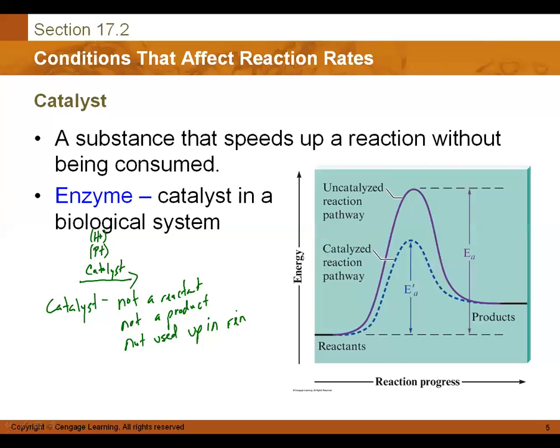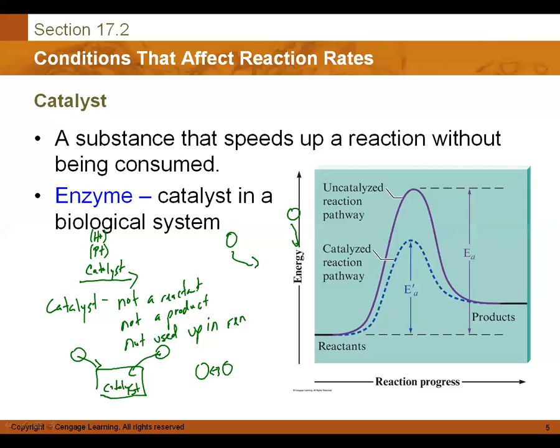Sometimes there are solid catalysts that literally provide a platform: oh, I want to come this way. The other guy decides, oh, I want to come this way towards my catalyst. And now you've brought these two guys together a lot quicker than you would if the catalyst wasn't there and they were just floating around by themselves trying to find their way to each other. So a lot of times a catalyst will provide that more efficient way for everybody to come together.